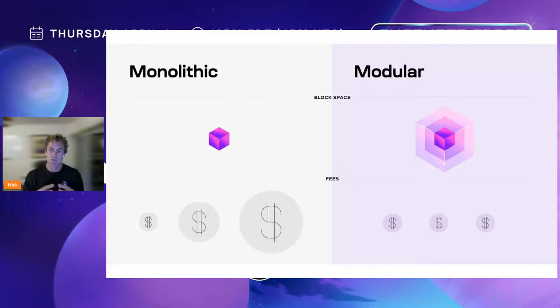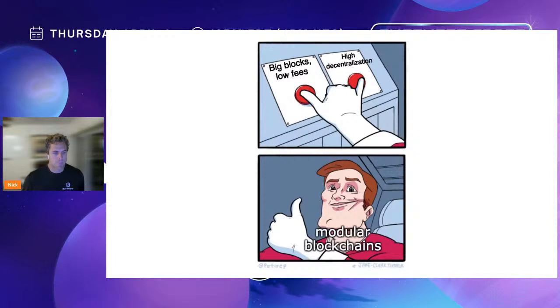So the block size can be flexible and scale to meet demand, and you can scale it while still preserving that really important property of verifiability. The idea with modular blockchains is that even as blocks get bigger and bigger, as more and more people try to use the network, the fees can still stay relatively constant. So modular blockchains subvert this trade-off of big blocks. You can have big blocks with low fees, but still maintain high decentralization.